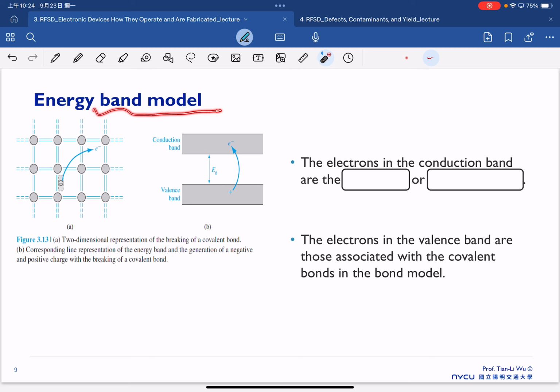The band model is the model with the concept of a conduction band and a valence band, and in between the conduction band and valence band is a band gap.